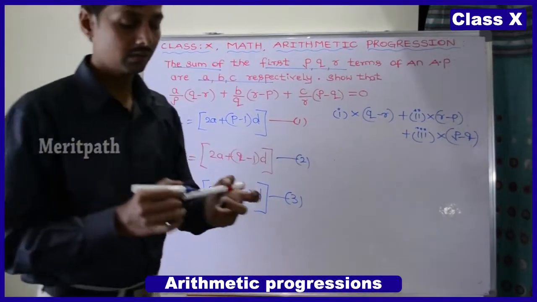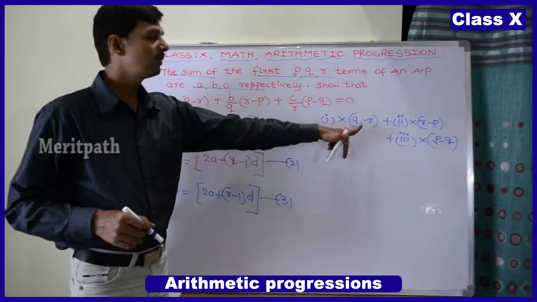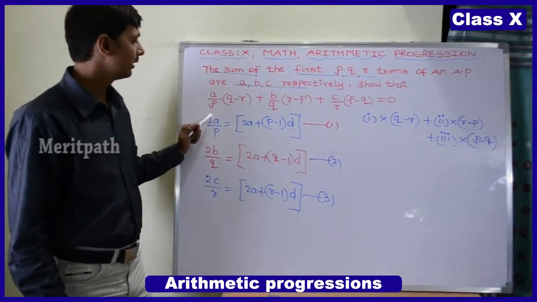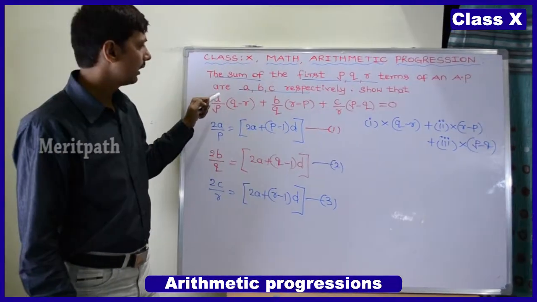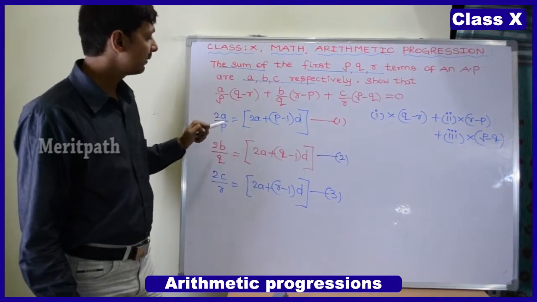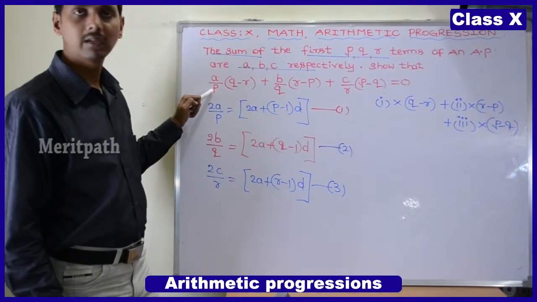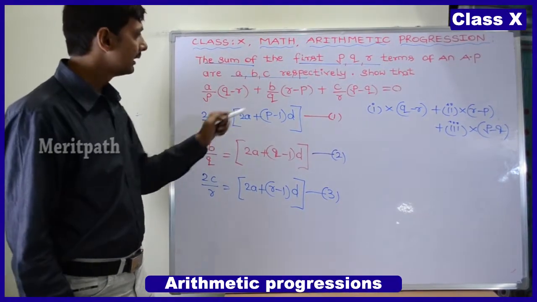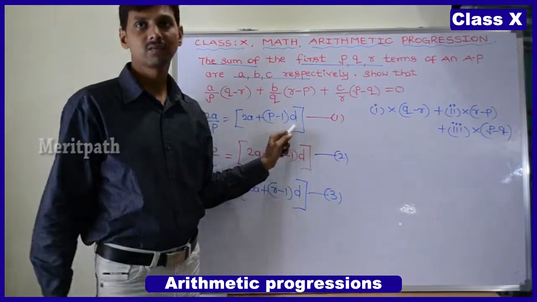The reason is that in the first equation we have 2a by p, so a by p is there, but we need to get it into q minus r. So q minus r is missing in this first equation.